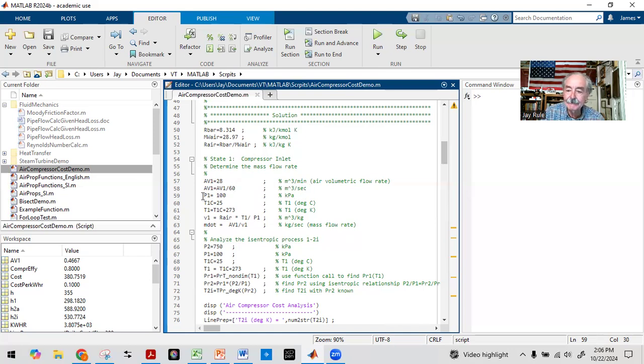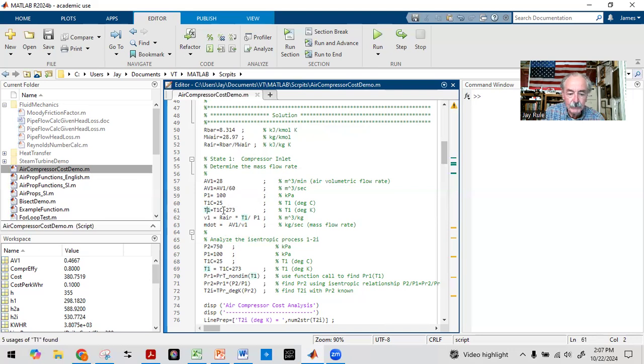Now I'm writing in MATLAB variable P1 for pressure. I put 100 kPa. Now, next variable, T1C, that's temperature 1 in degrees C. That's 25. So next, I'm going to call T1 my next variable.